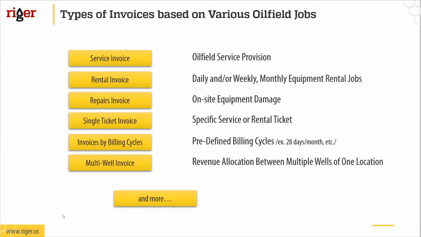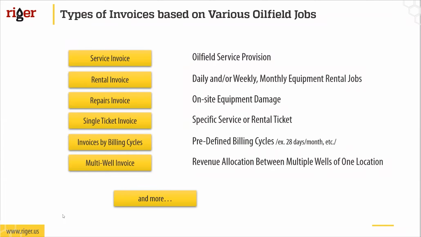For ongoing continuous oilfield jobs, we can define billing cycles in the system, 28 days, maybe a month, maybe 15 days, depending on what type of scheme you operate on. And based on those billing cycles, our invoices will be generated and will or will not include types of charges that fall under the current or do not fall under the current billing cycle.